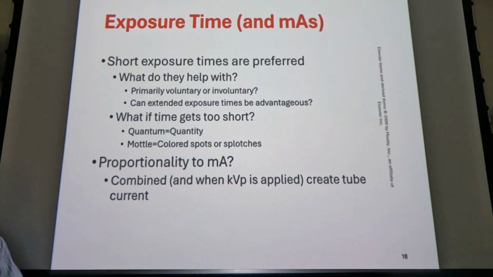So what happens if exposure times get too short? And again, I think this is really kind of an archaic thing that doesn't really apply that much anymore, but we talked about if overall mAs gets too low, what might we introduce?